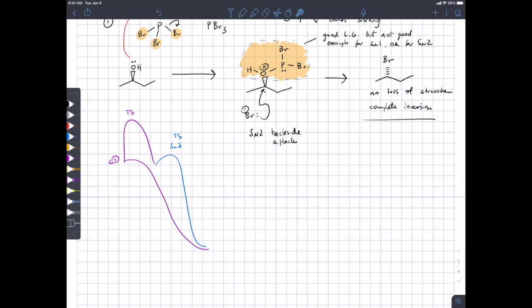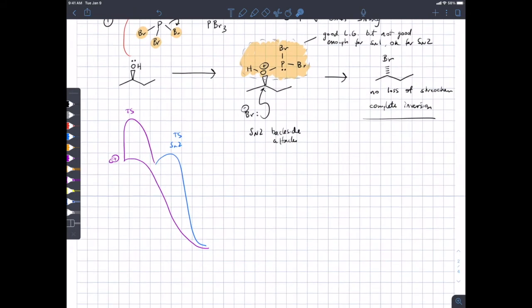Presumably there's a sweet spot where the leaving group isn't good enough to leave on its own, but can start to leave when the nucleophile comes in, at least better than OH minus could have left. And so presumably we're in this area where the SN1 pathway is too high in energy, but the SN2 pathway is okay. All right, questions about that? So that's something you're going to need to know, is that you can use PBr3 to convert an alcohol into an alkyl bromide via an SN2 reaction.